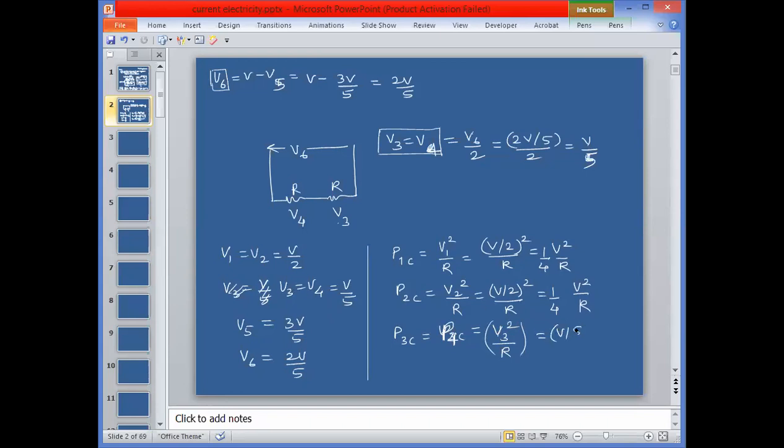So (V by 5) square upon R, that will be equal to 1 by 25 into V square upon R. Then power consumed by the fifth bulb is equal to V5 square upon R. V5 is 3V by 5, so (3V by 5) square upon R, that will be equal to 9 by 25 into V square upon R.